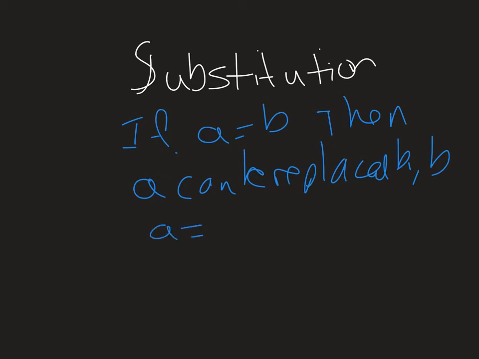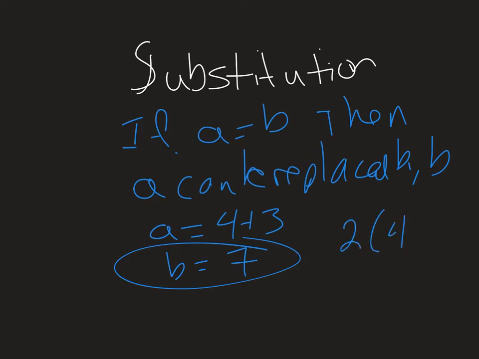So if we said A equals 4 plus 3 and B equals 7, a lot of times when we're simplifying expressions, we'll just go ahead and use the 7 instead of 4 plus 3. If we were simplifying the expression 2 times (4 plus 3), we'd say, oh, that's actually the same as 2 times 7. That's substitution property. We're refiguring what value to use or what simpler expression to use.